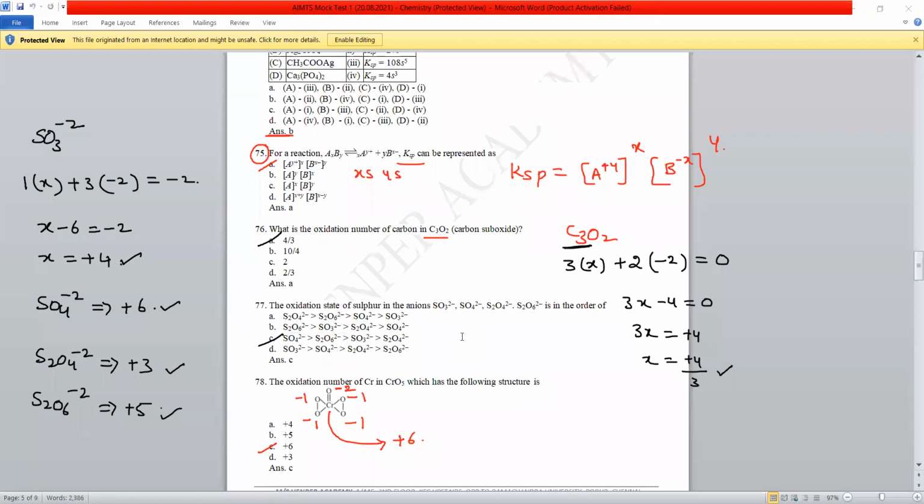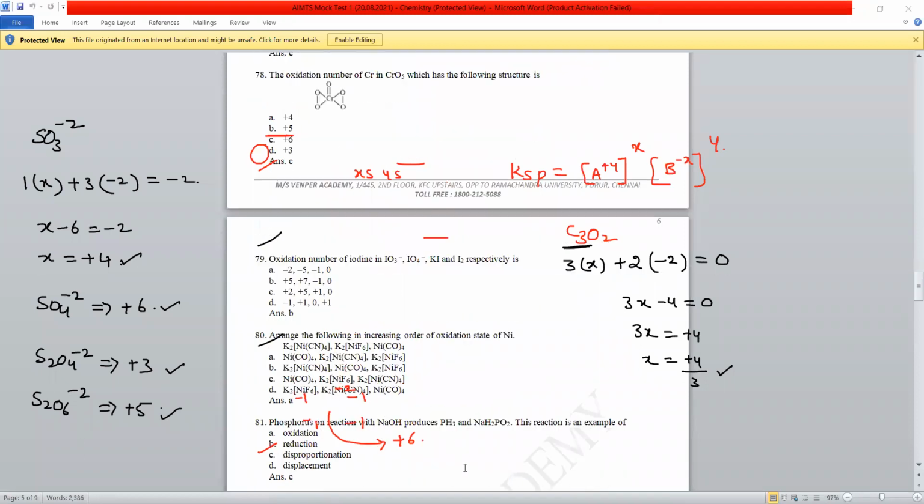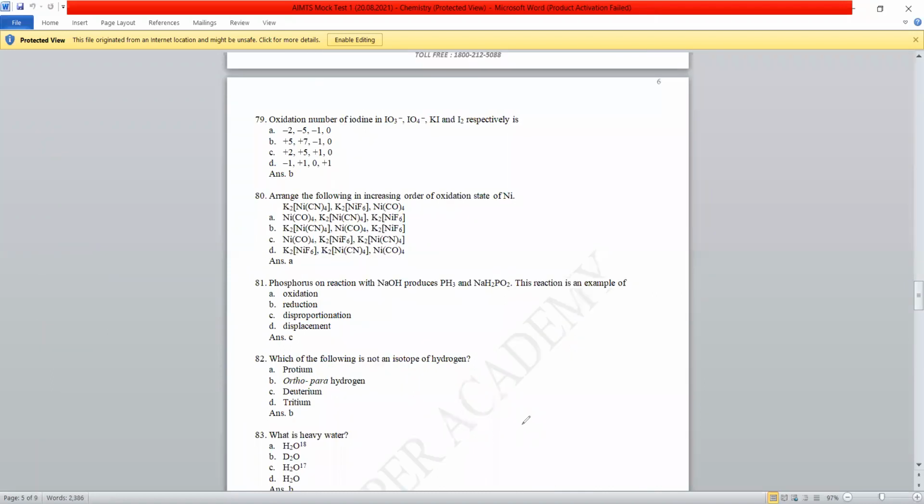Okay, students. Next, we'll go to question number 79. We'll check the oxidation number of iodine in IO3-, IO4-, KI and I2.